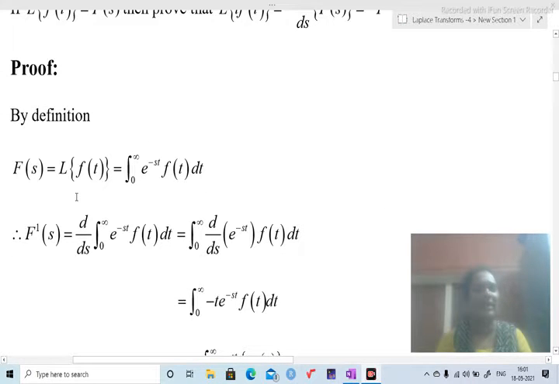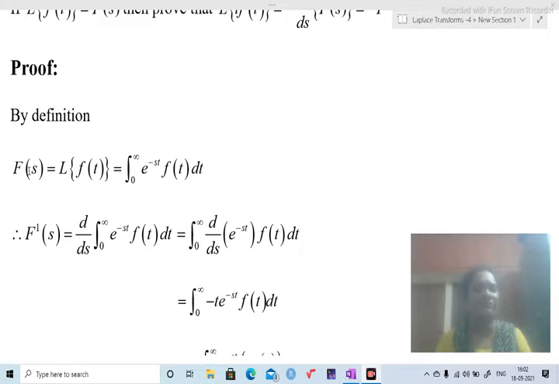Proof. Again here also we are going to use the definition of Laplace transform. F of s equals L of f of t equals integration 0 to infinity e power minus st f of t dt. So now I am going to do differentiation on both sides with respect to s.